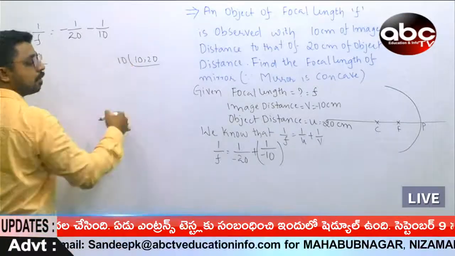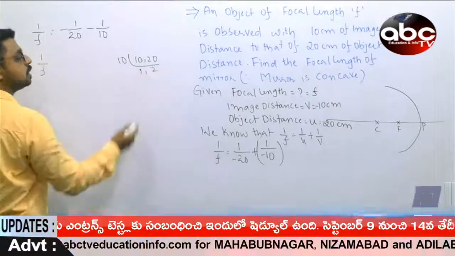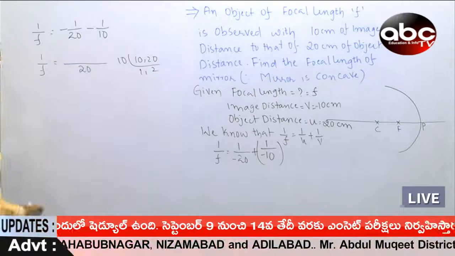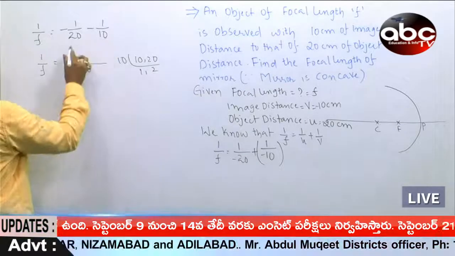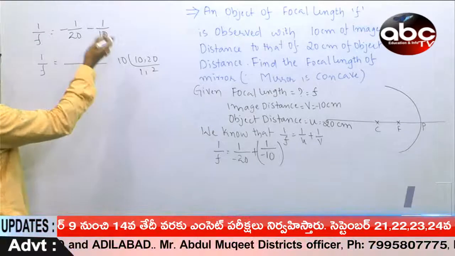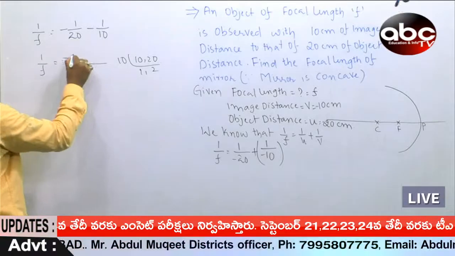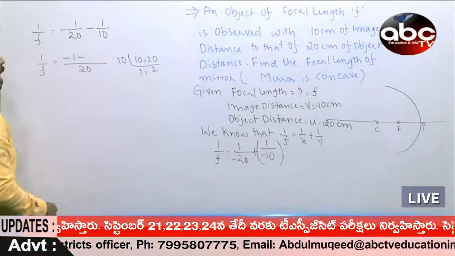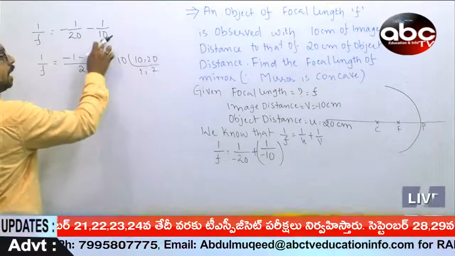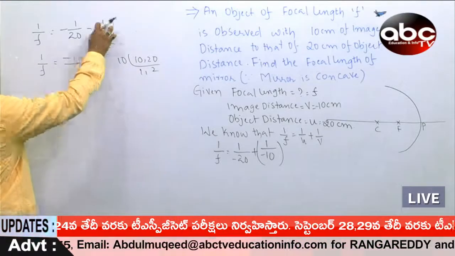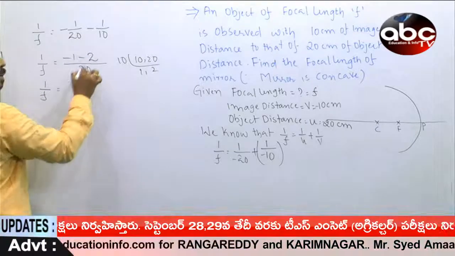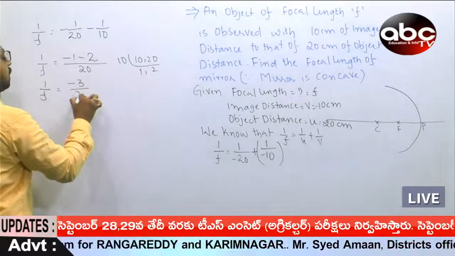If you take 10, 10 ones are 10 twos are, naturally 20 will be the LCM. So what are we going to get? 20. 20 అంటే ఏం వస్తుంది ఇక్కడ? 1. So what about 1 into 1? Minus 1. So naturally it is a differentiating number, minus. So what about this one? 10. 10 twos are 20. This is 2. 1 by f is equal to minus 1 minus 2. That is minus 3 by 20.